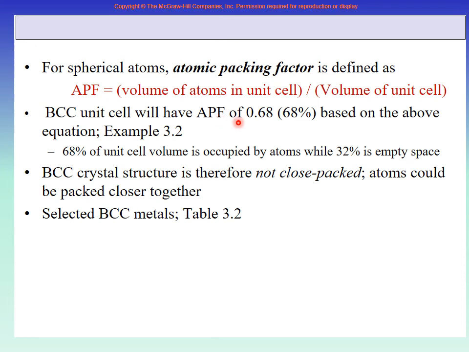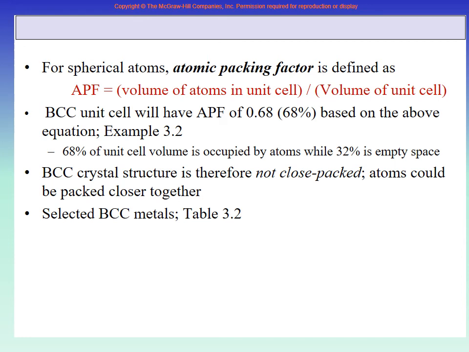Now, based on this, they are saying the atomic packing factor for every BCC, whether it is iron or chromium or any other material, if it is BCC, then this atomic packing factor is 0.68 or 68%. What does this mean? That in any BCC unit cell, 68% of the unit cell is filled with atoms, and that means 32% is empty, right?